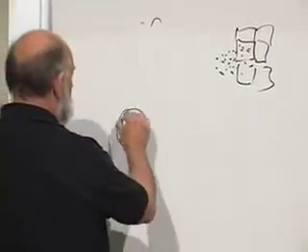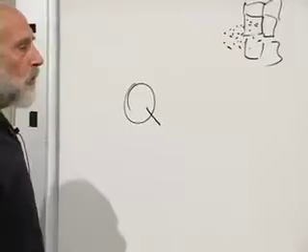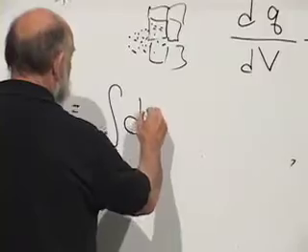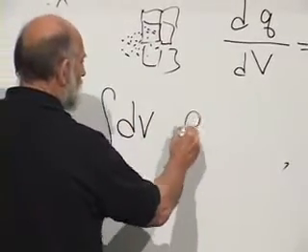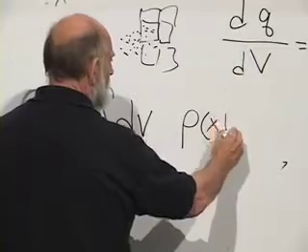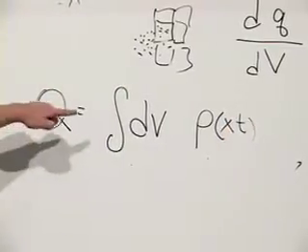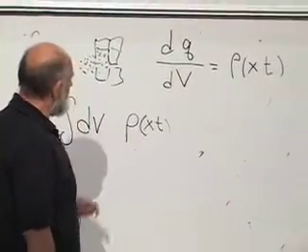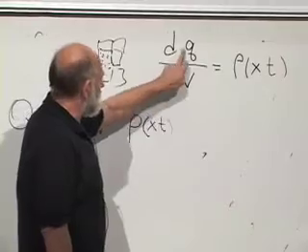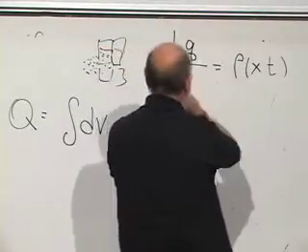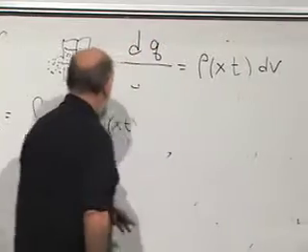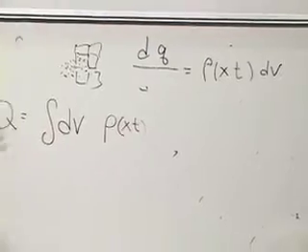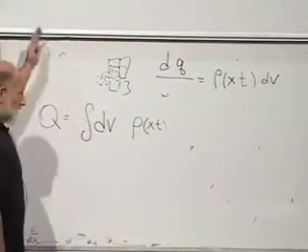The total charge, let's call it capital Q, total charge in the world is the integral over all of volume of space of the charge density. Little dV here just means you add up all of the cells. In each cell, there's a charge which is equal to dQ, which is rho times dV. So you add up all the rho times dV's. That's what an integral is. It just means add them all up. And that gives you the total charge, in this case, in the whole world.